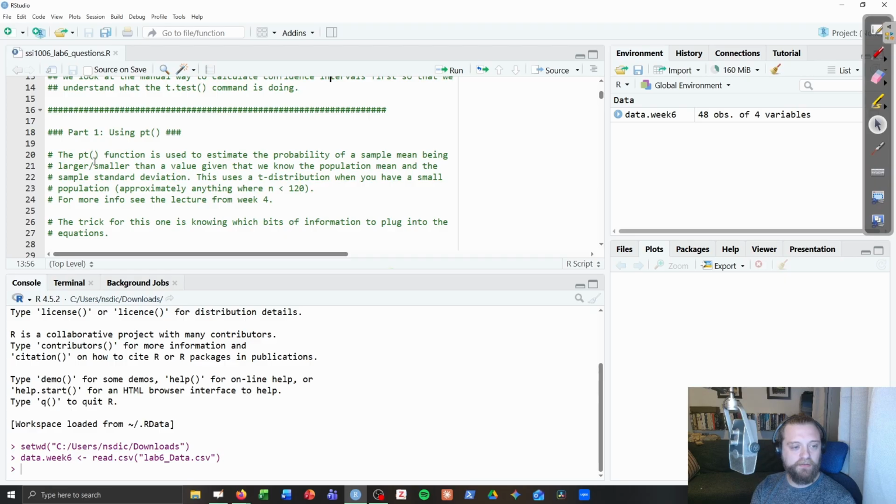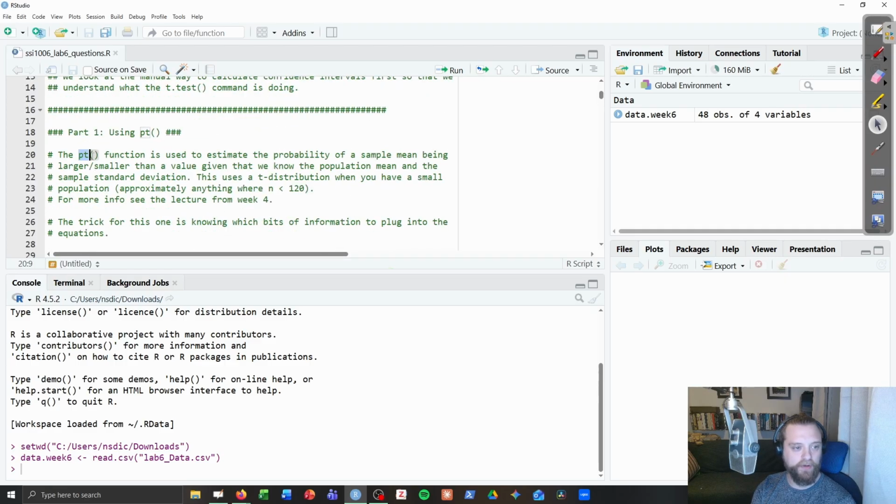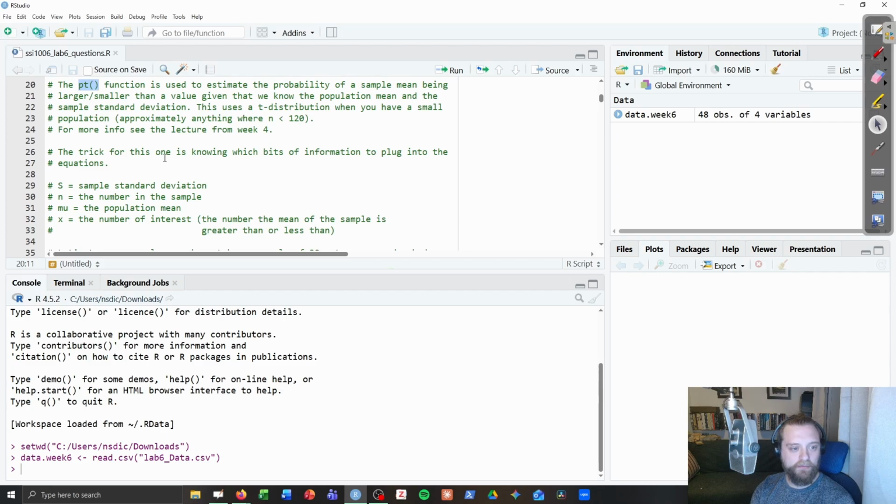Now, this is still fundamentally pretty similar to the stuff we've done before. So all we're going to be doing is drawing some graphs and looking at the area under curves. But the additional aspect of this is that we're going to be thinking about this in the context of samples.